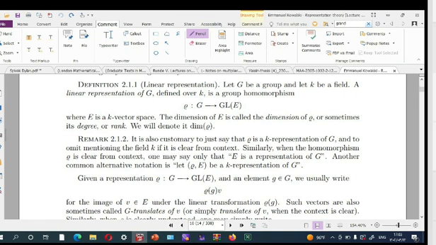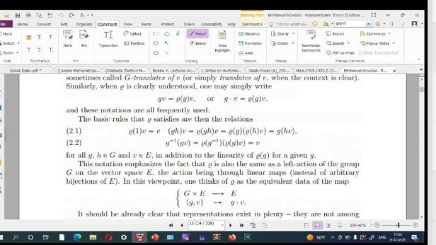We see some examples for representation on a group G with different vector spaces E, okay? And also we see this notation.